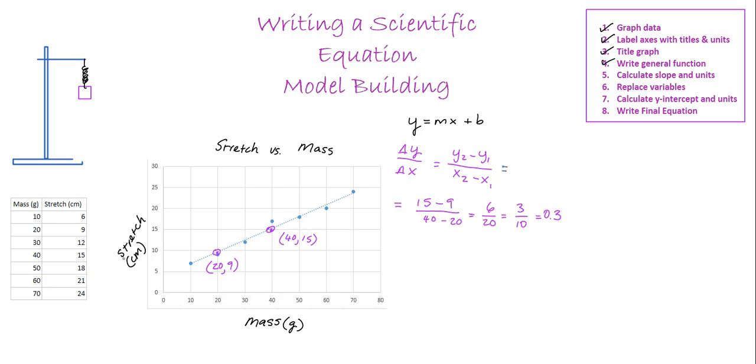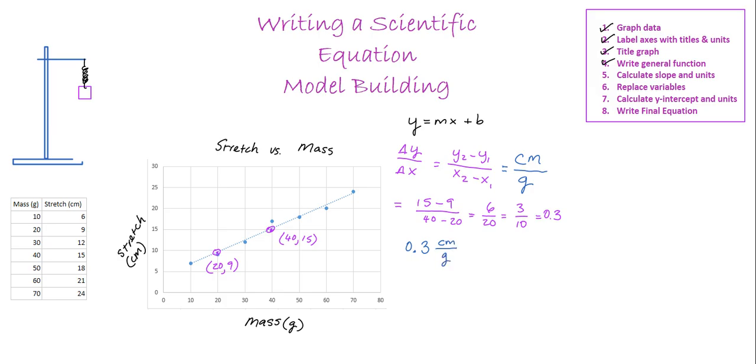The units of the top were centimeters, or the units of y, and the units of the x variable, the horizontal variable, was grams. The important thing with the slope is when you've written out your final slope, we have 0.3 centimeters per gram.